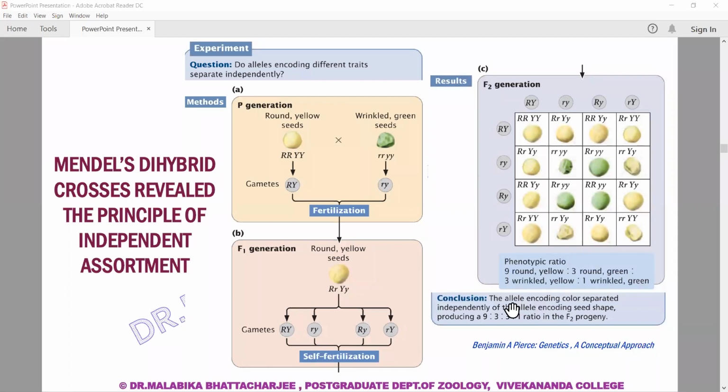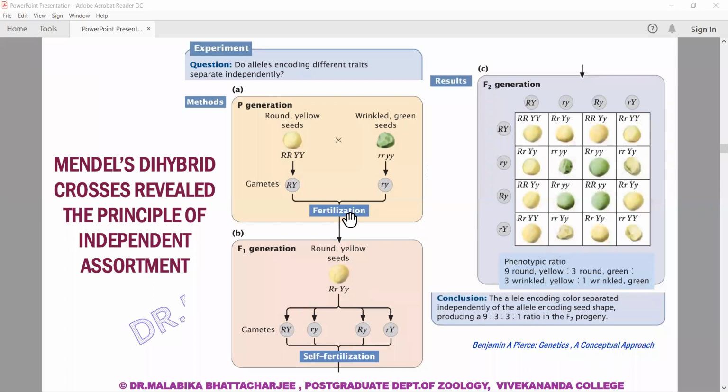So, what was his conclusion? The allele encoding color separated independently, and this is where the concept of independent assortment comes into consideration. The allele encoding color separated independently of the allele encoding seed shape. So, the character for seed shape was independent of the character of the color of the seed, producing a 9:3:3:1 ratio in the F2 progeny.